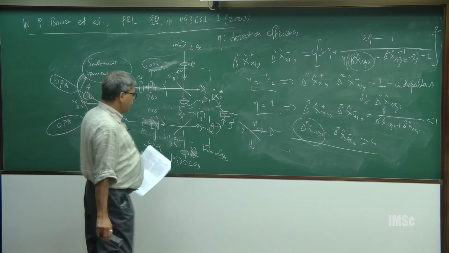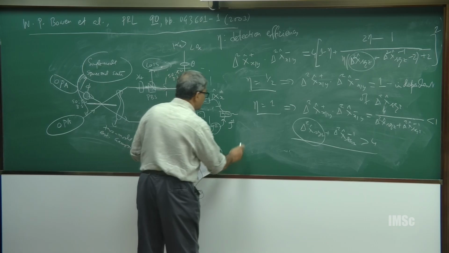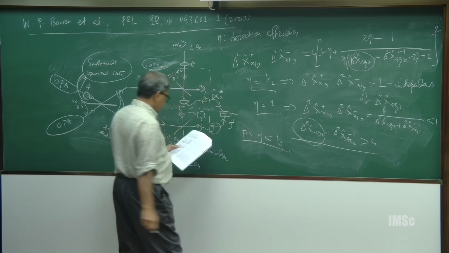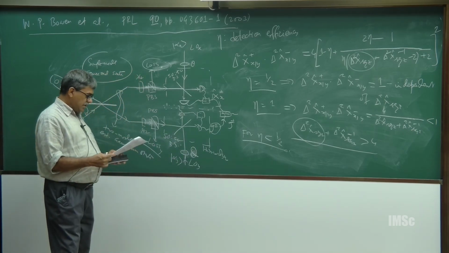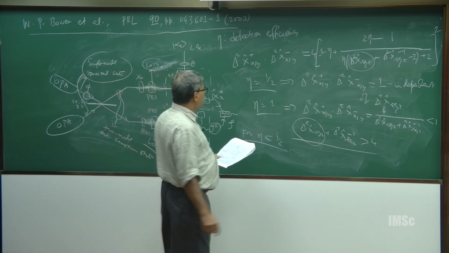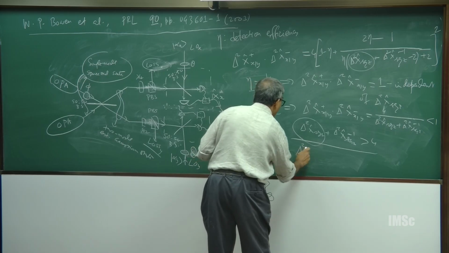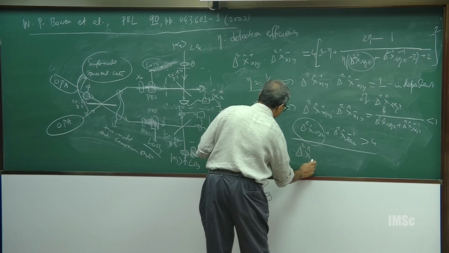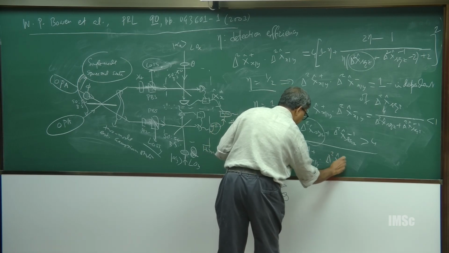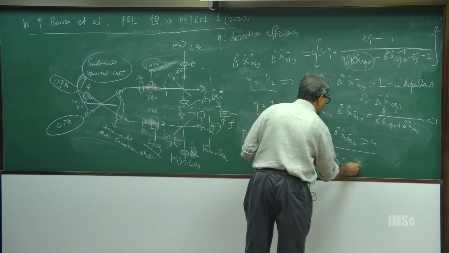But what you can show is that for eta less than half, this quantity, delta square x plus x given y times delta square x minus x given y, will be greater than or equal to 1.